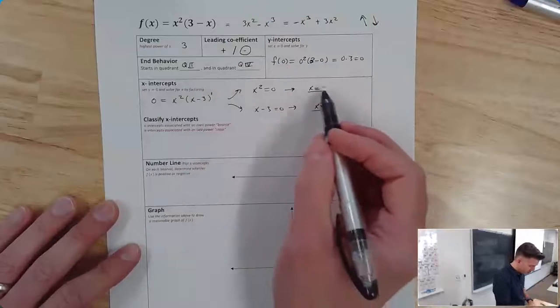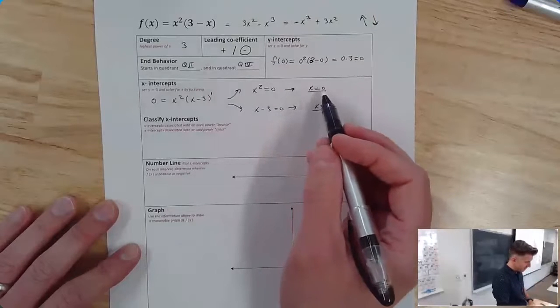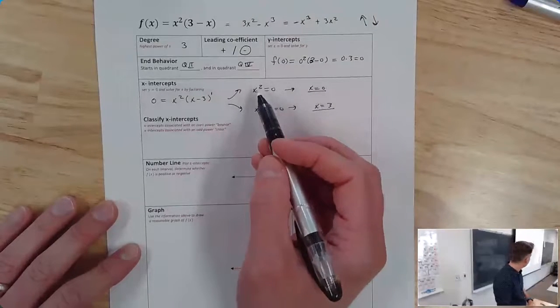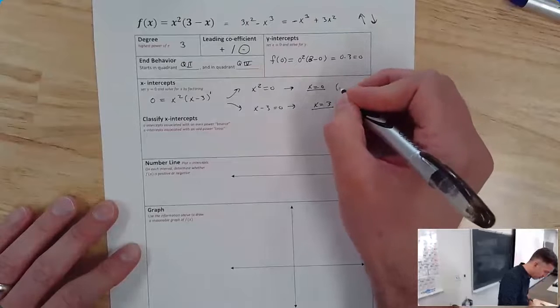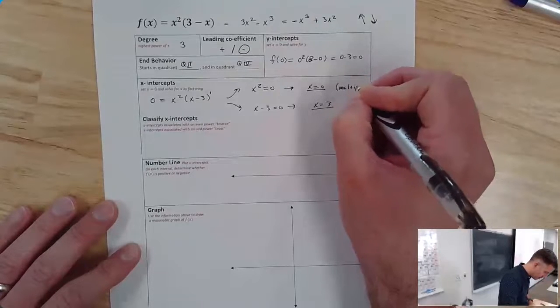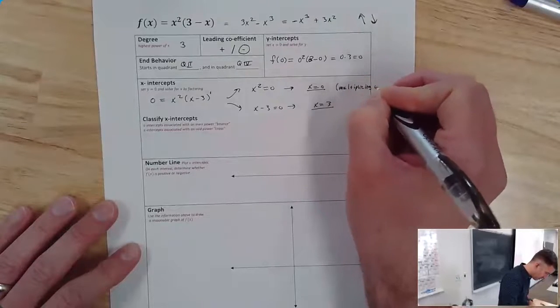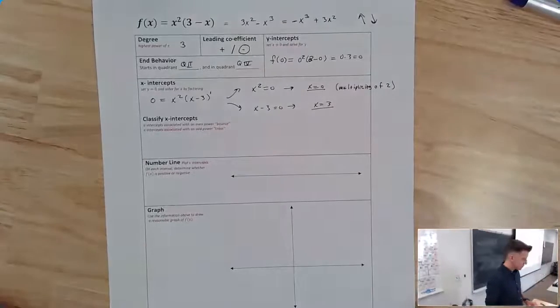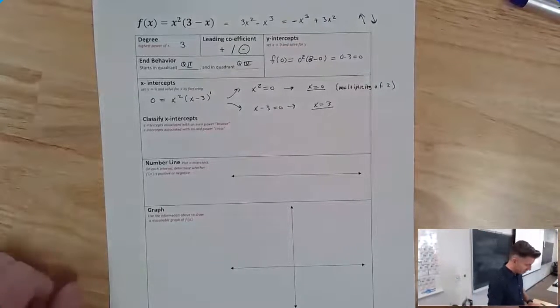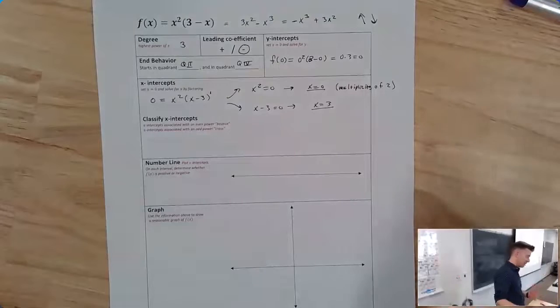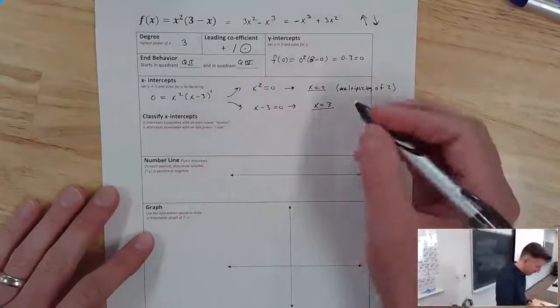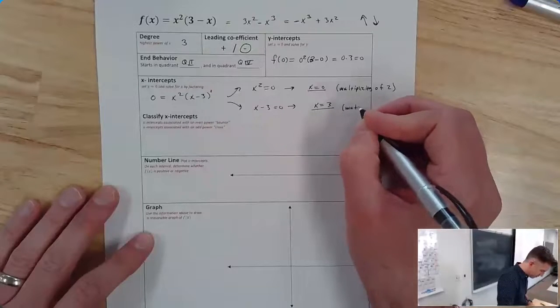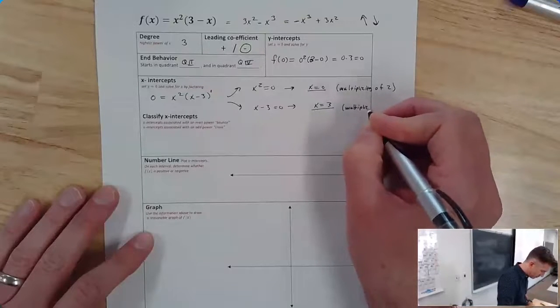So this solution, x equals 0, came from setting this factor raised to an even power of 2 equal to 0. So what I would say is this x equals 0 has what's called a multiplicity of 2. Similarly, contrastingly, x equals 3 came from the x minus 3 to the first power, and it has a multiplicity of 1.